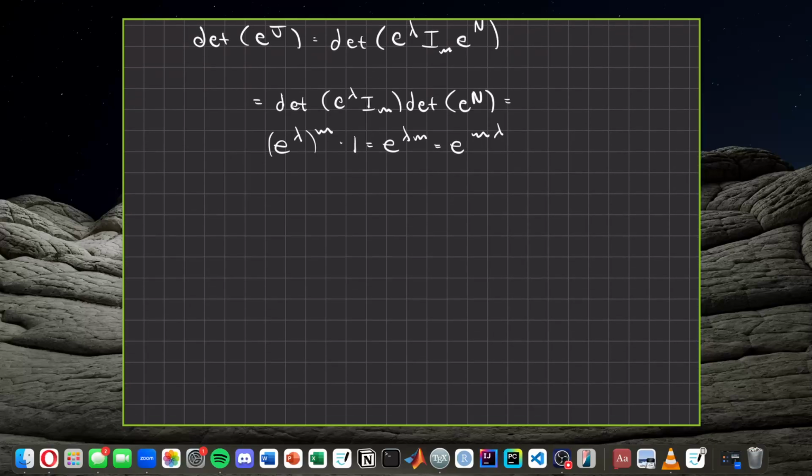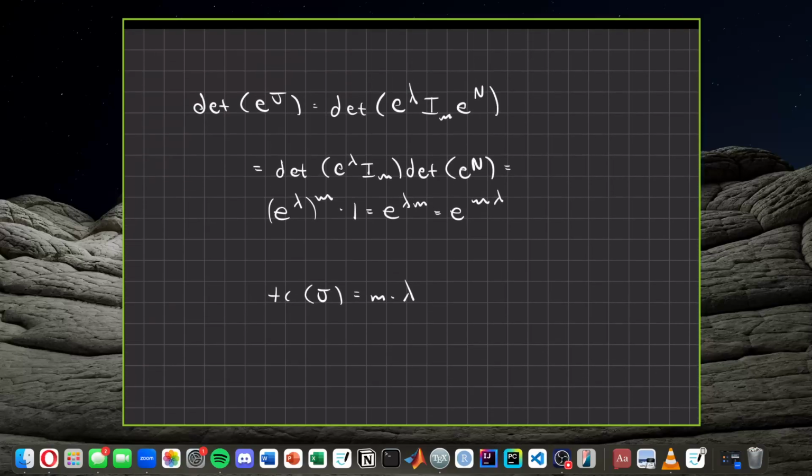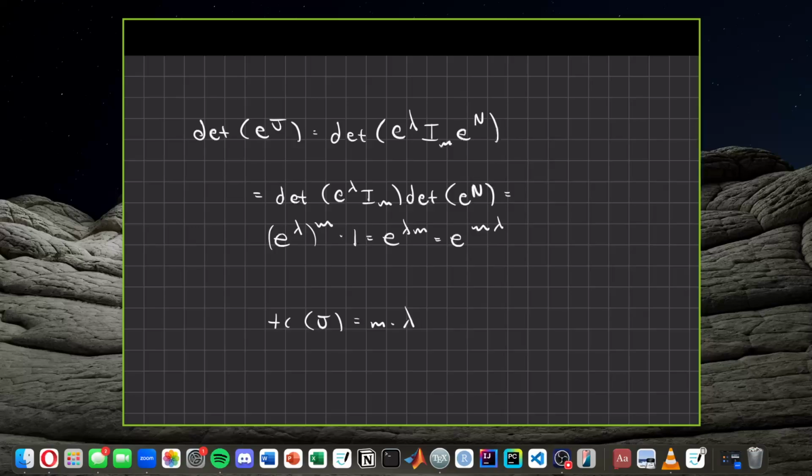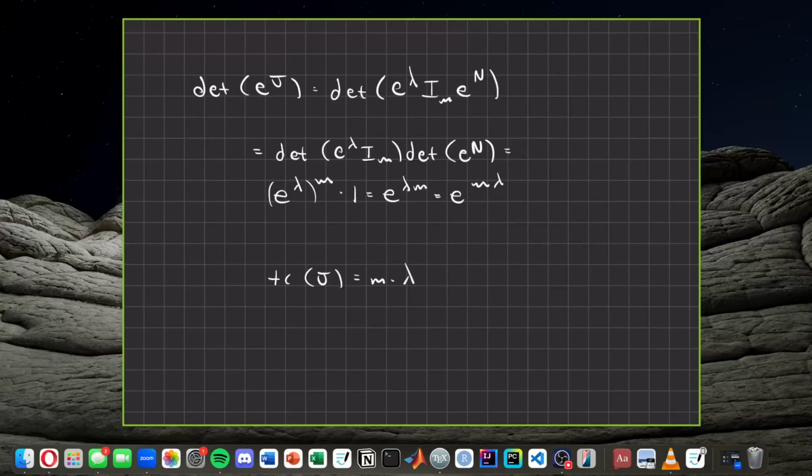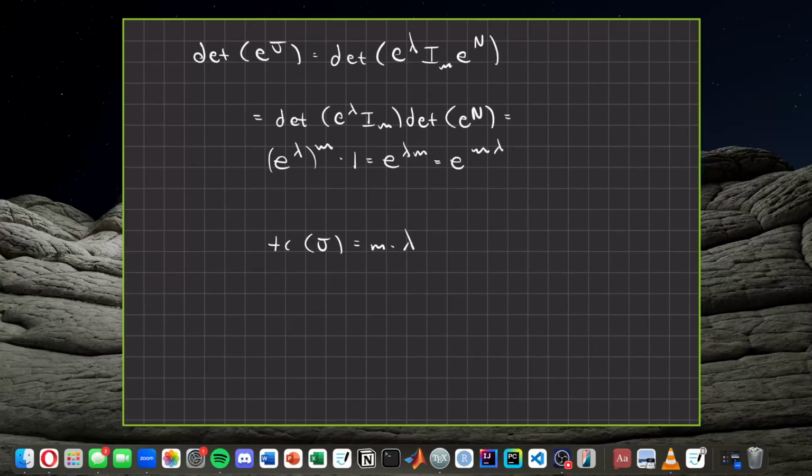So the trace of the Jordan block is just m, where m is some size scalar, times lambda, where lambda is the eigenvalue. So what have we actually shown? We found that the determinant of e to the J is e to the m lambda, and that the trace of J is m times lambda.